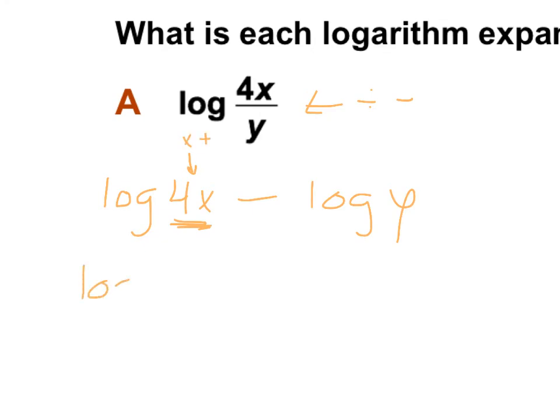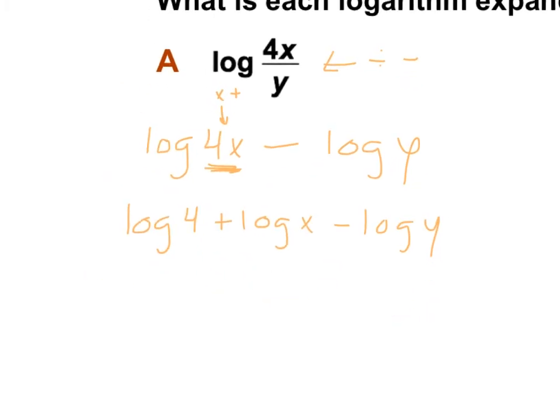So we're going to expand this to log of 4 plus log of x minus log of y. And this here is our final answer. Now the order is important here, so the order matters.